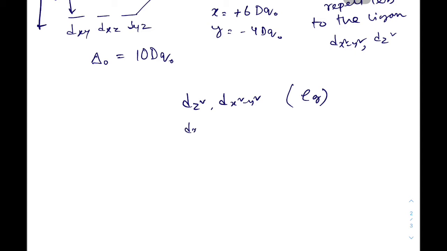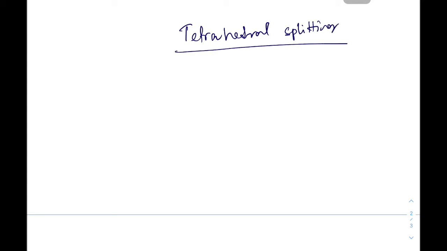And dxy, dxz, dyz, this is T2g. Now in case of tetrahedral splitting, in a tetrahedral complex there are 4 ligands, but they do not approach along the axis.